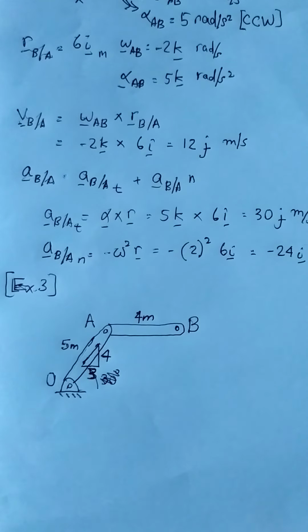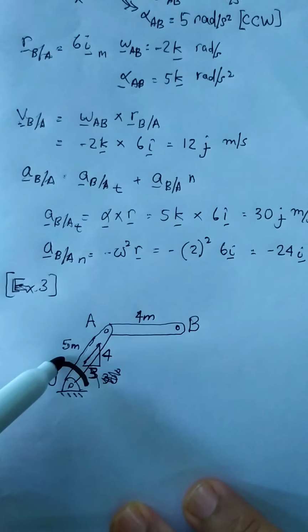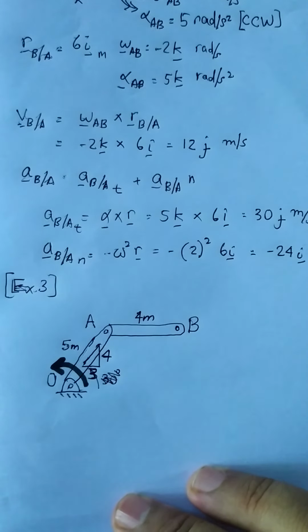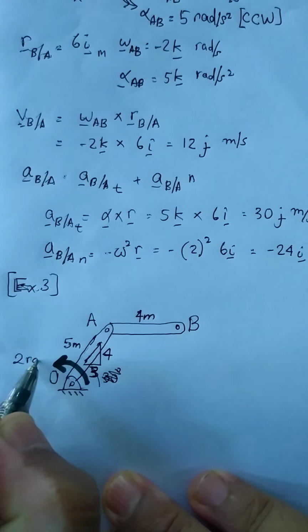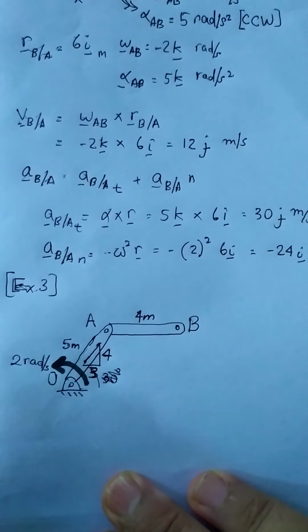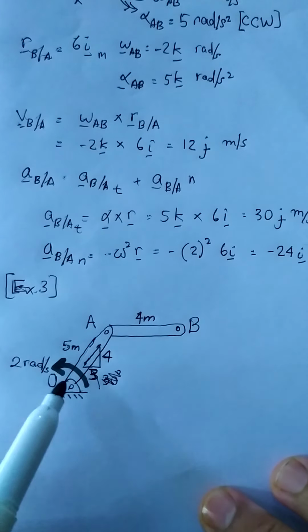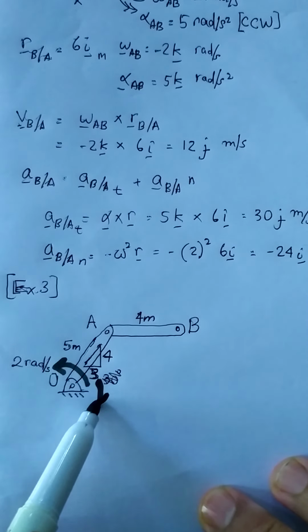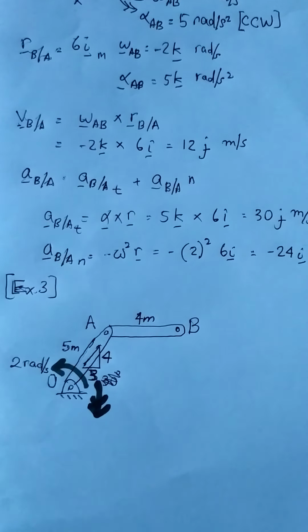Let's say that in this case, OA has an angular velocity of, let's say, 2 radian per second. At the same time, it also has angular acceleration alpha.